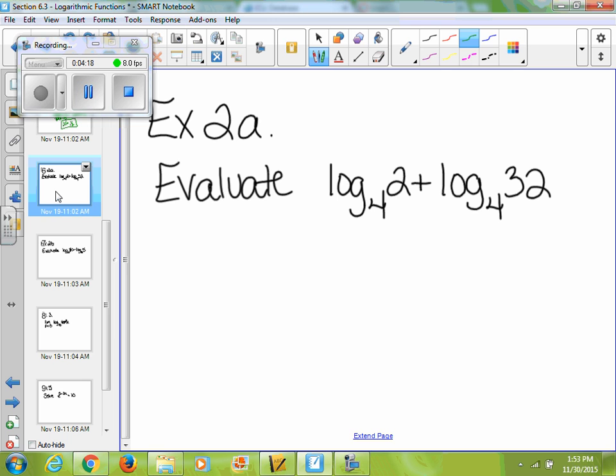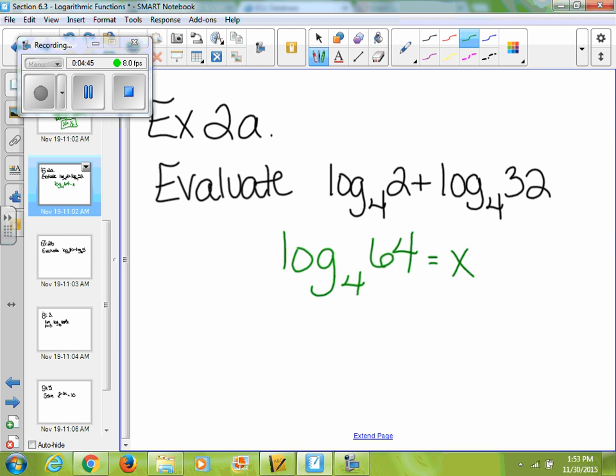If you're adding your logs, like we're adding here, you're actually multiplying your insides. So if I start by combining this into one log, 2 times 32 gives me 64. So this is actually log base 4 of 64. When you're adding, you're actually multiplying the insides, and your base just stays the same. So this is like log base 4 of 64 equals x.